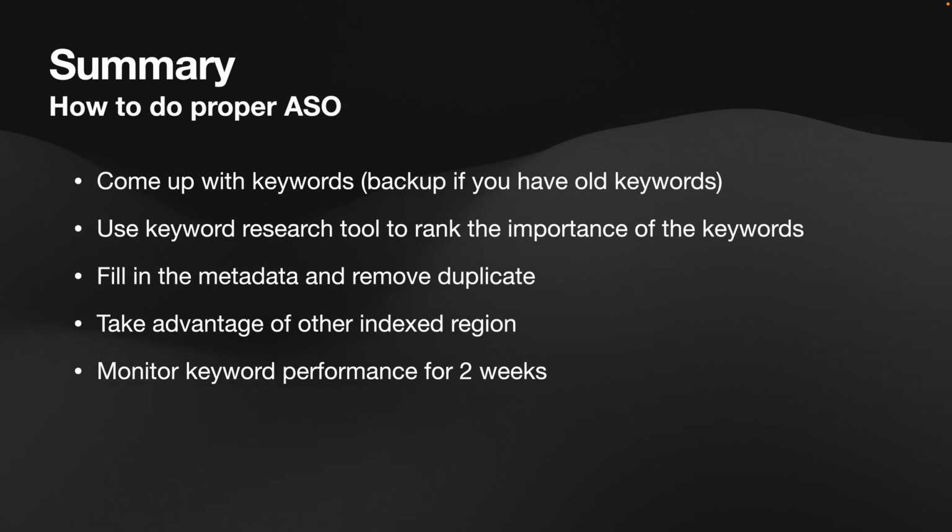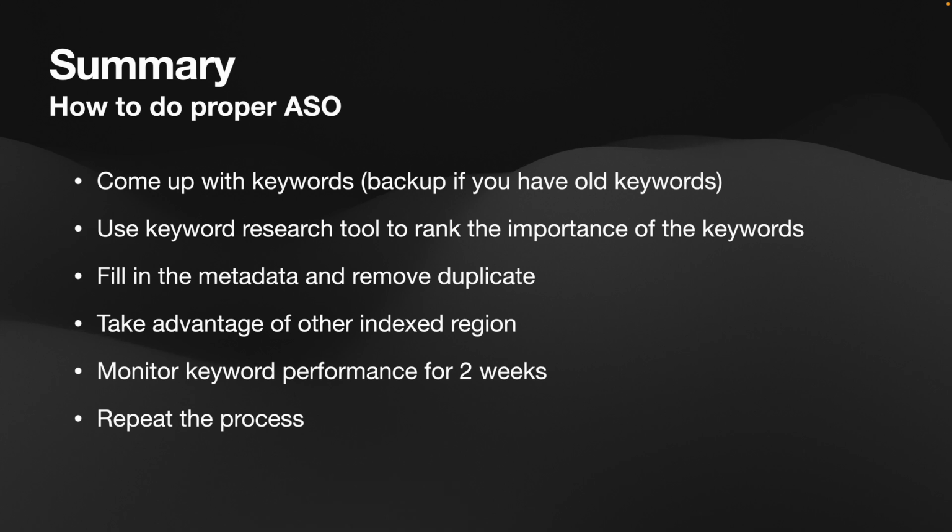Yeah, and last but not least, this is not a one-time process, right? The keyword ranking varies dramatically depending on how popular your app is, how many reviews you have, what your competitors are doing, and in general, how the market search trend is going. For example, when ChatGPT exploded onto the scene, the search for AI-related stuff shot through the roof.